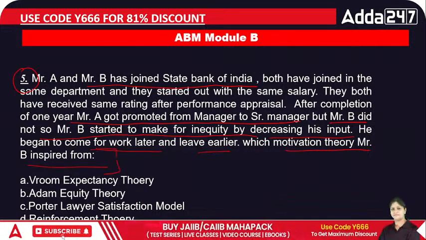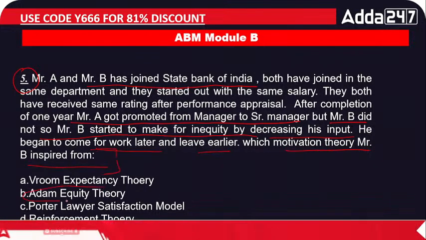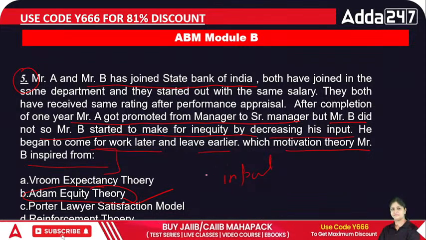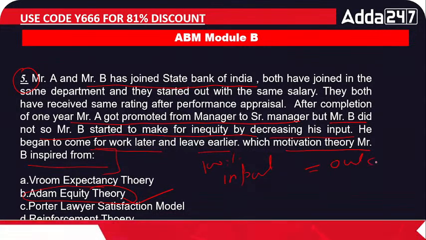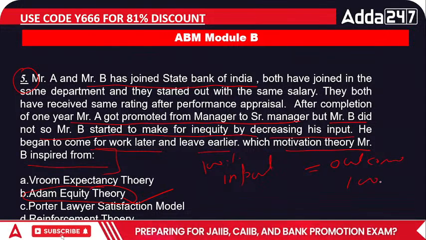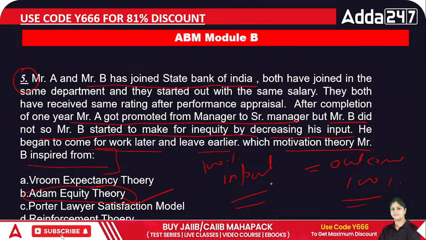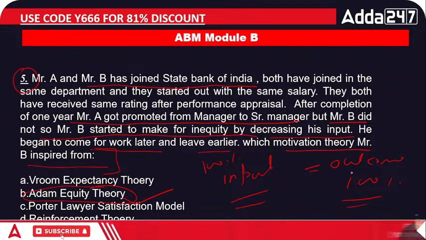See, here we are talking about Adams equity theory. What Adams equity theory says is that if someone is putting in 100% to the job, he should get 100% outcome. If he is putting in 100% input, he should get 100% outcome also.